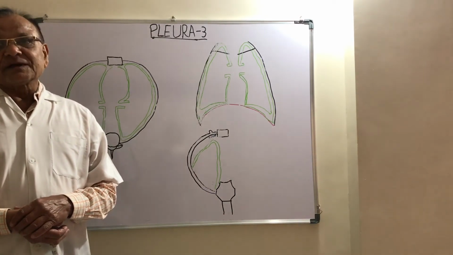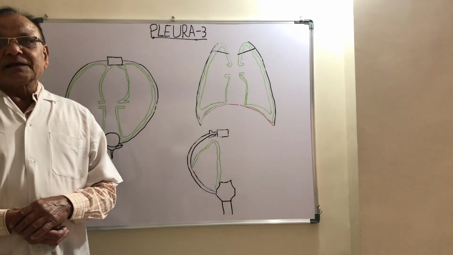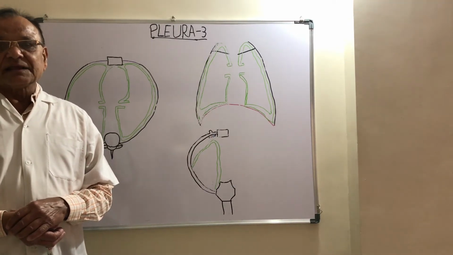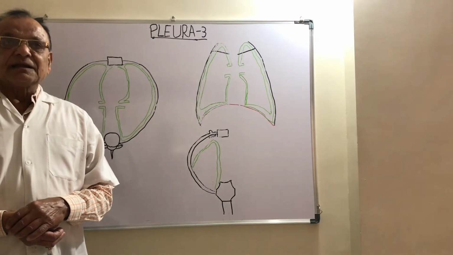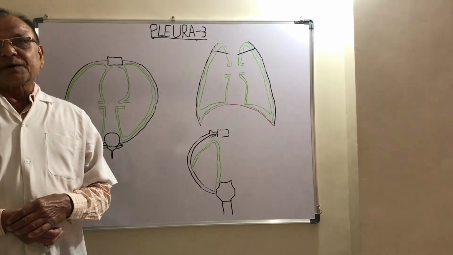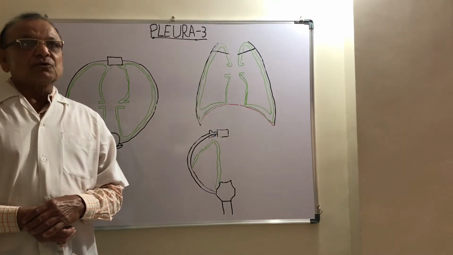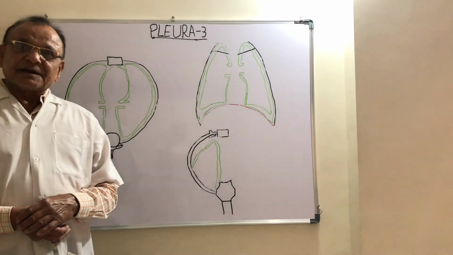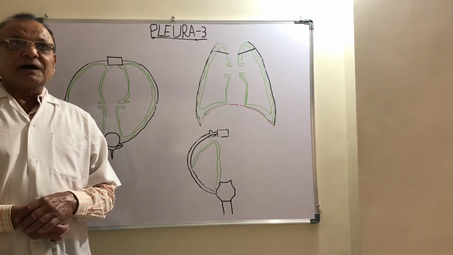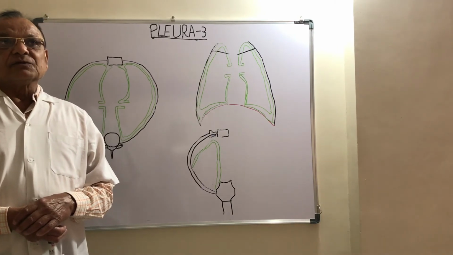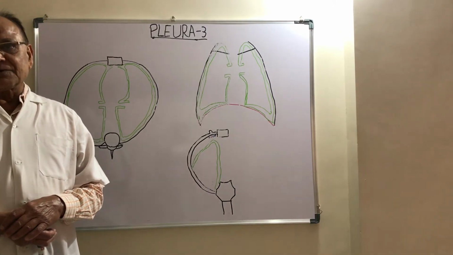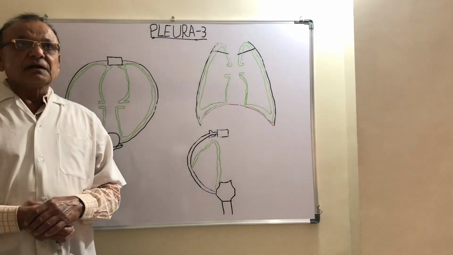The wall of the thorax is supplied by the intercostal arteries, internal thoracic artery, and musculophrenic artery, and these arteries also supply the parietal pleura. The veins draining the parietal pleura open into the intercostal vein, internal thoracic vein, and musculophrenic vein.